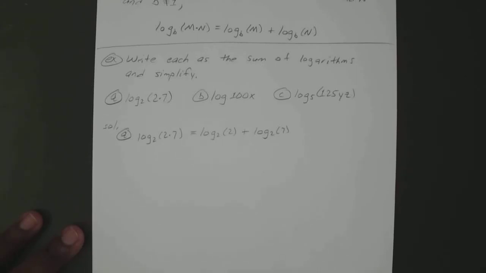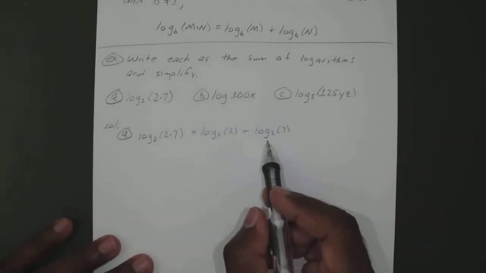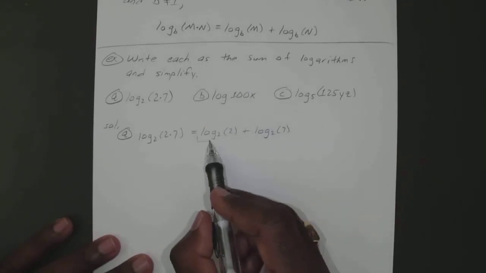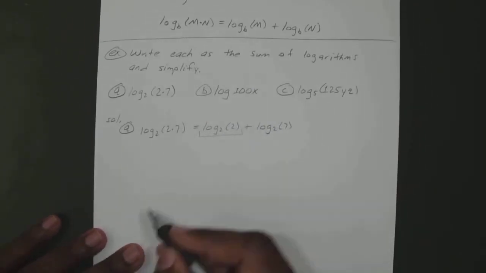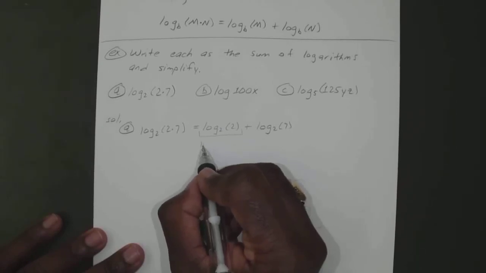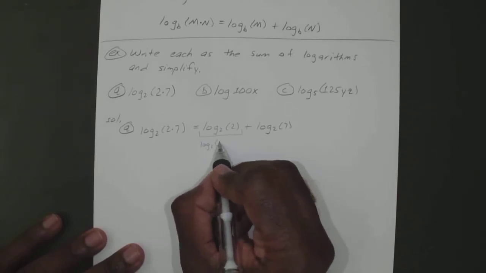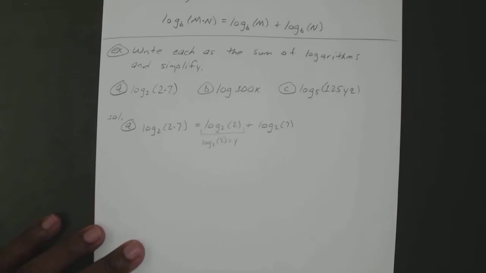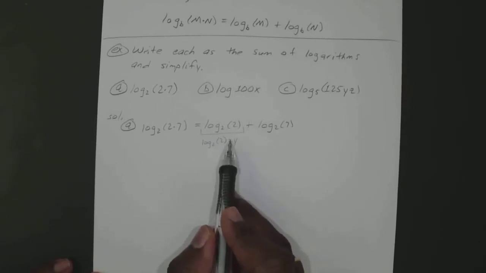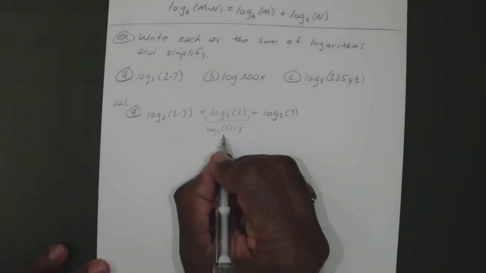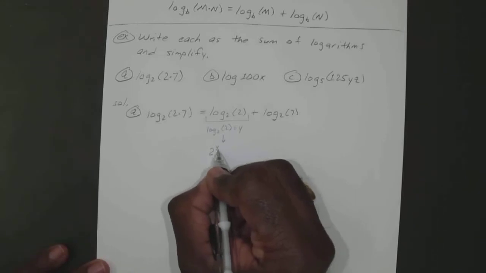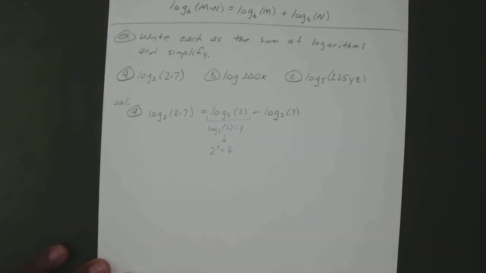Now the thing is, this can actually be simplified a little bit more. This term here, what if we let log base 2 of 2 equal y? That means 2 to the power of y equals 2. And remember, 2 is just 2 to the first power.